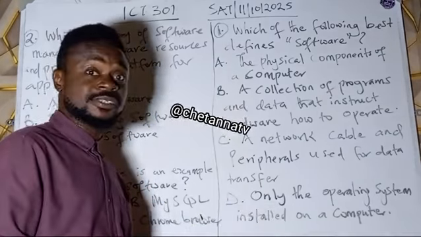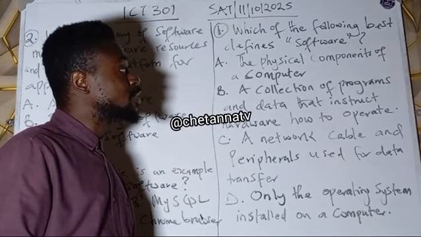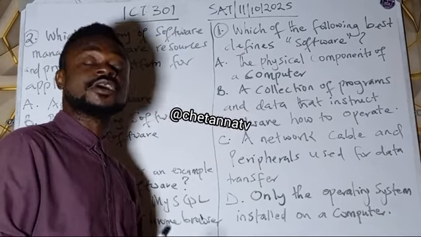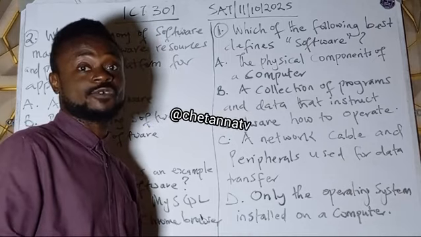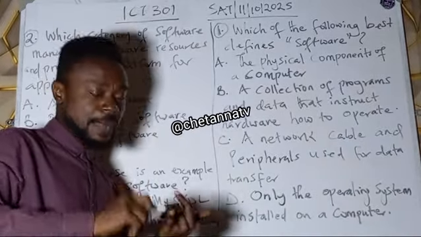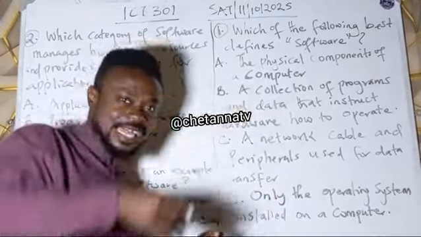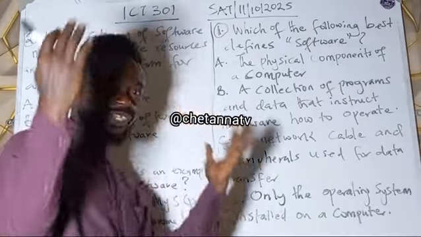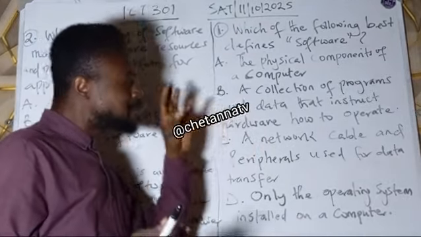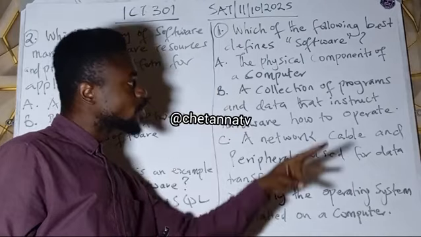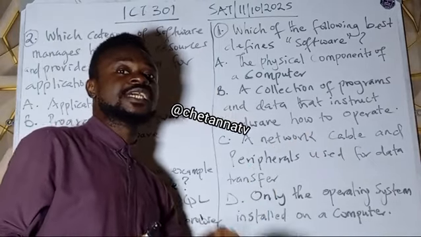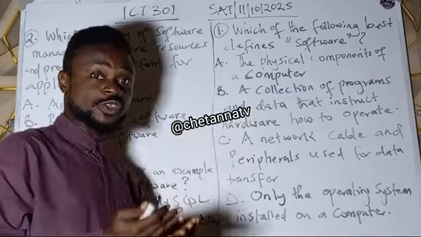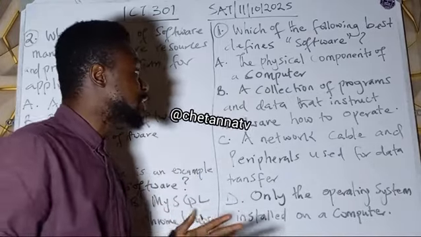So it can be application software, programming or development software, then system software. So it's a collection of programs. So the basic thing is that it instructs the hardware what to do and how to go about it. So that's the definition of what software is.